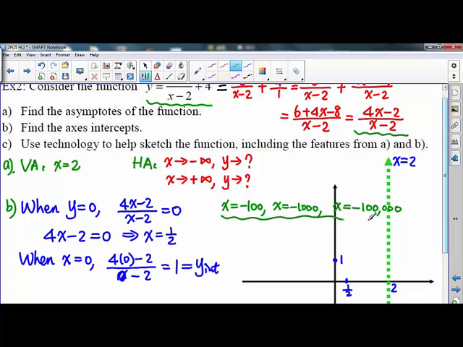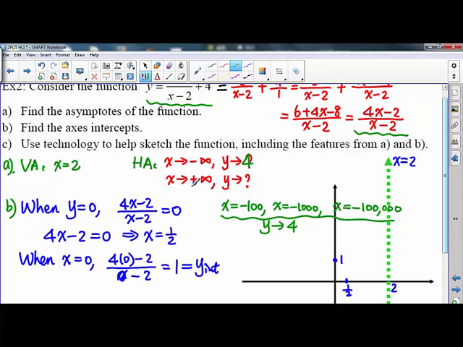If you use the scientific calculator to find the y value when x equals negative 100, find the y value when x equals negative 1000, you will find all those y values are getting closer to 4. So when x is approaching negative infinity, y is approaching 4.